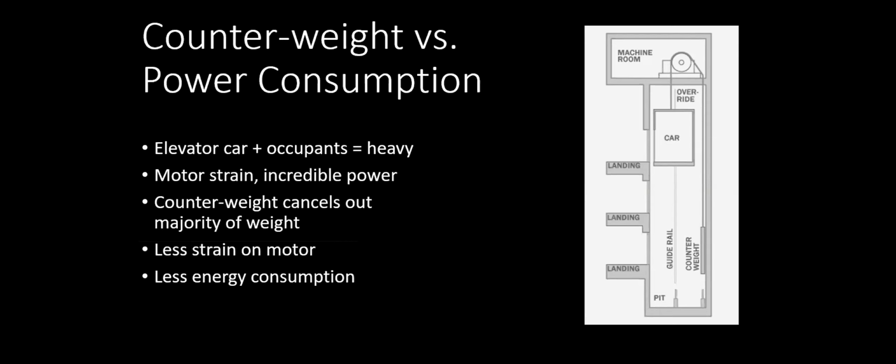And so the counterweight cancels out a lot of that strain because it's weighted close to the weight of the fully loaded car. And so the motor only ever has to lift the difference between the two weights instead of the entire weight of the car. So it puts less strain on the motor and uses less energy.